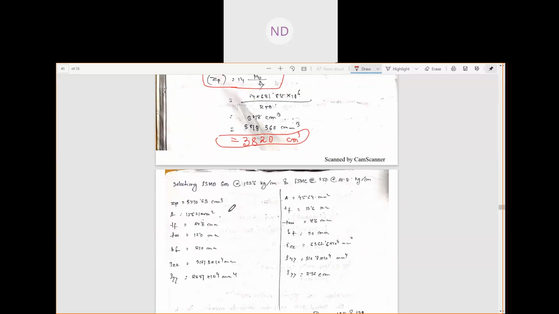There you will get the properties of the section we are considering. For this particular question, we are considering the ISMB 600 at the rate of 122.6 kg per meter. That is the I section. This is the I section, ISMB, and ISMC, the Indian Standard Medium Channel. So we are considering it to be 350 at the rate of 35, sorry, 358.